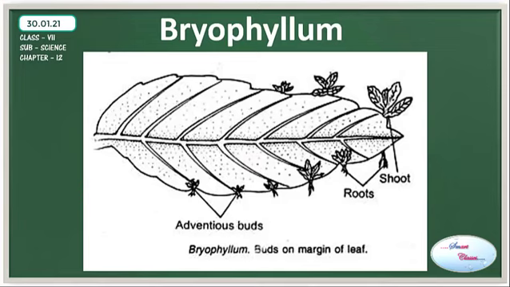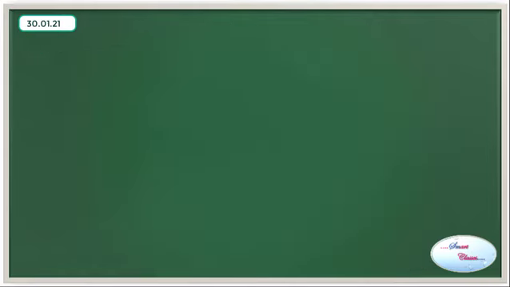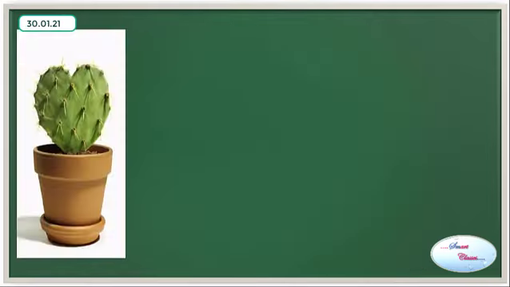Here you can see that it is very notable for vegetatively growing small plantlets on the fringes of leaves. These eventually drop off and root. The new plantlets arise from the tissue in the notches of leaves, which are the buds, or you can also say the sprouts. Here are some examples of plants which give rise to a new plant from the leaves.